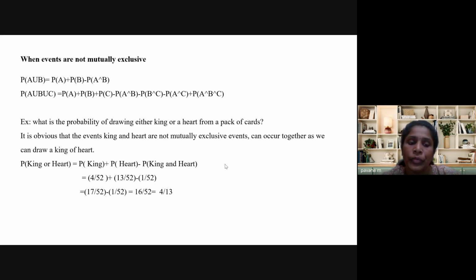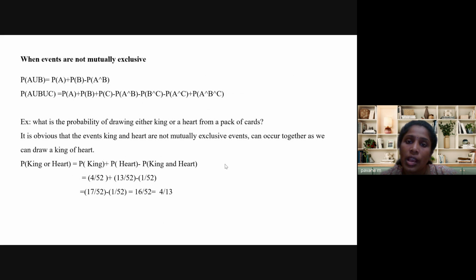For king, the probability of occurrence of a king from a pack of 52 cards is 4 by 52. And the heart symbol appears in 13 cards from the pack of 52 cards, right? So the probability of occurrence of a heart in a pack of cards is 13 by 52, minus P of king and heart.